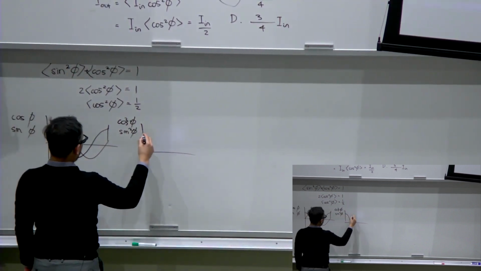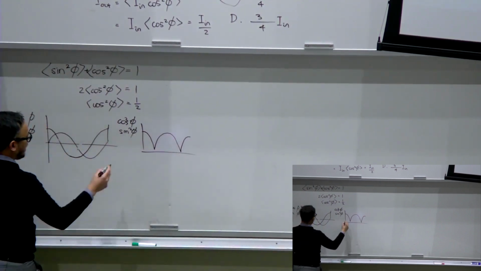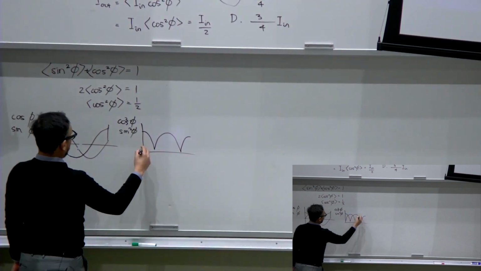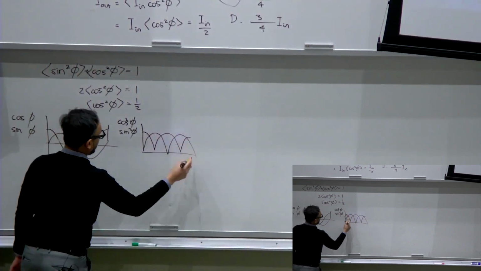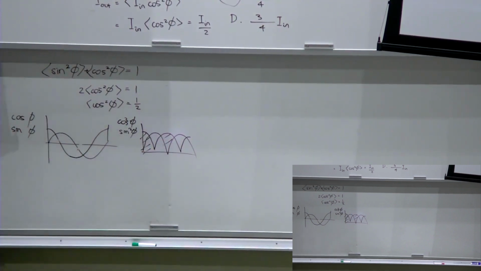So it will be something like that. That's for cosine. For sine, it will be like this. So the area under the curve is the same, they're just shifted.